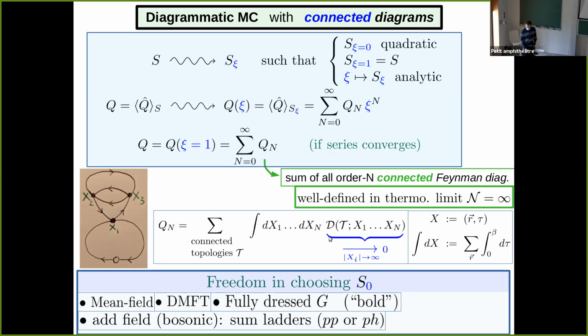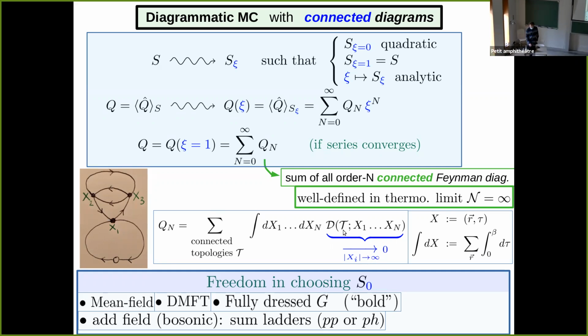So the key point is that because these topologies are connected, and because each of these propagators decreases to 0 at large distance, this integrand here, which is just a product of all these propagators, goes to 0 whenever one of the vertices goes to large distance.